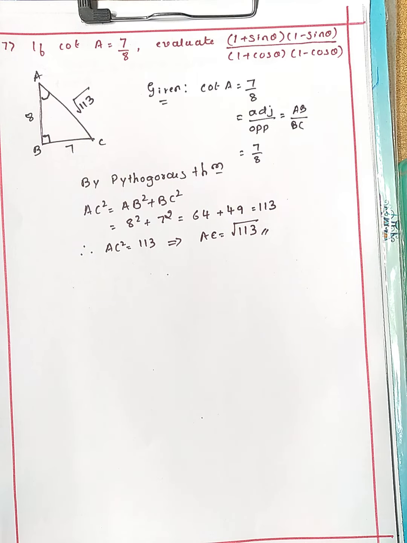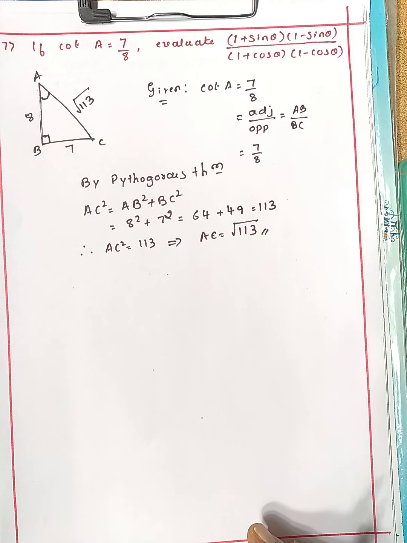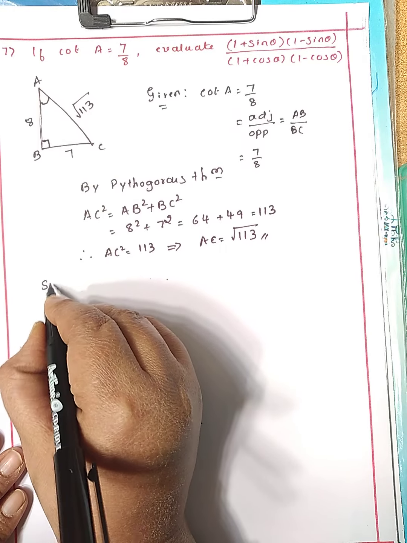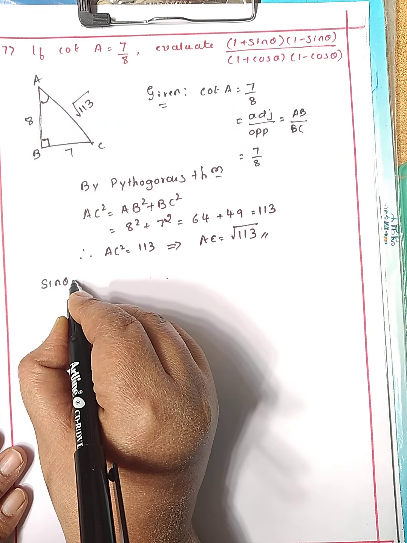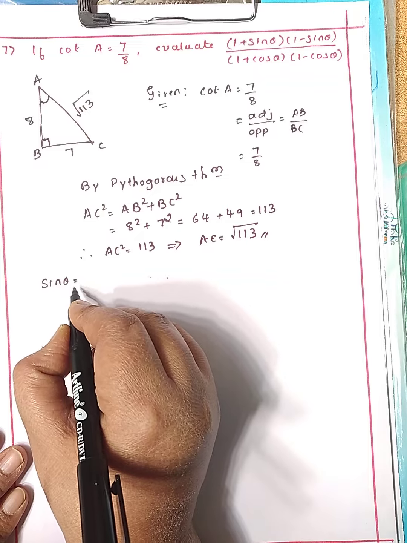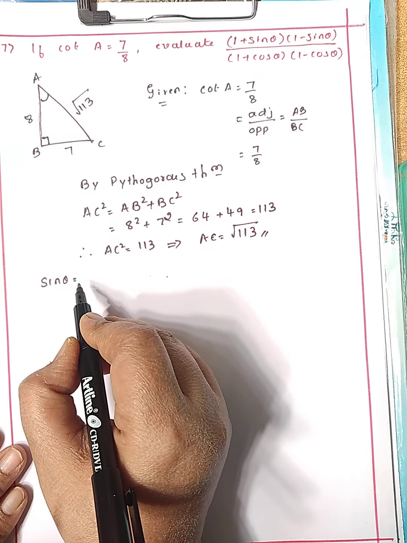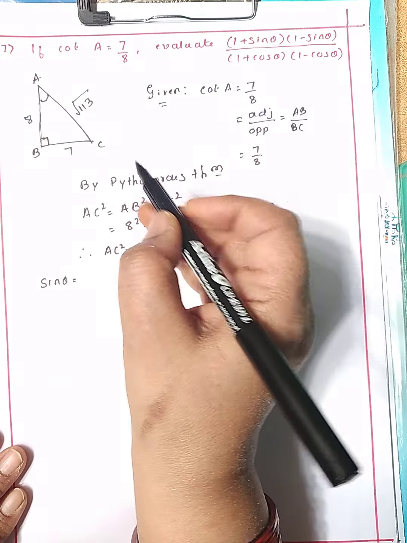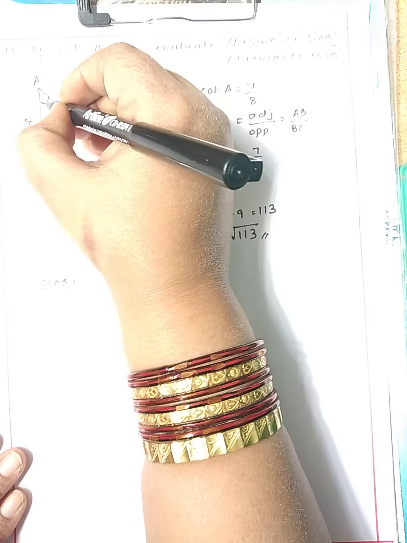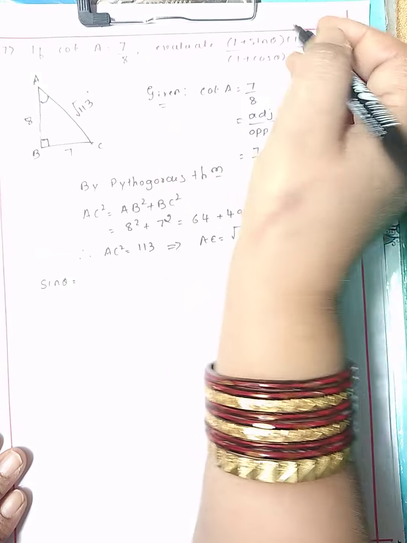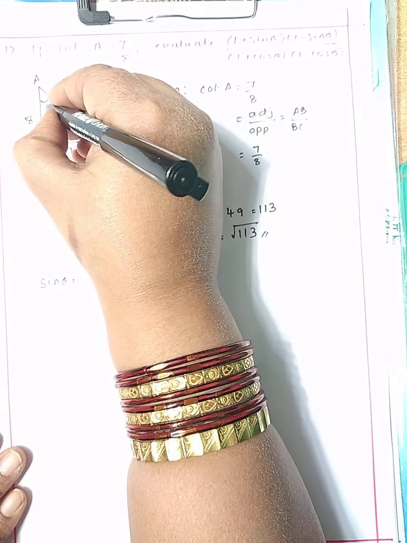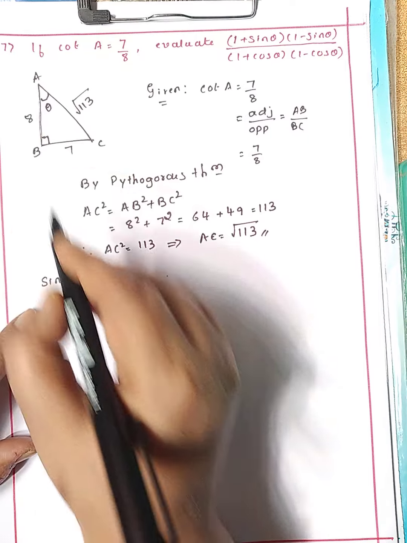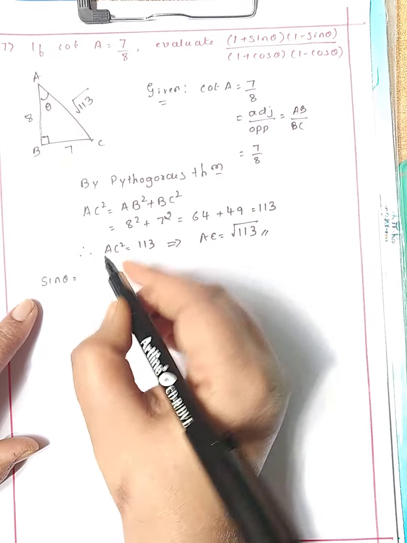Now, what we have to do? Now, find sin theta. What is sin theta here? Sin A or sin theta? This theta is given. Take this as theta. For sin theta, opposite by hypotenuse.